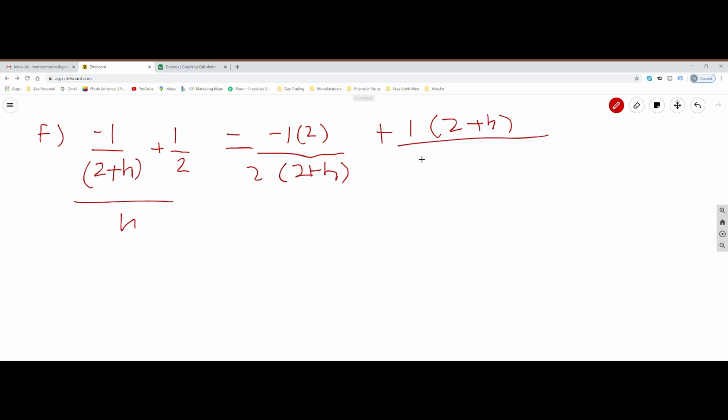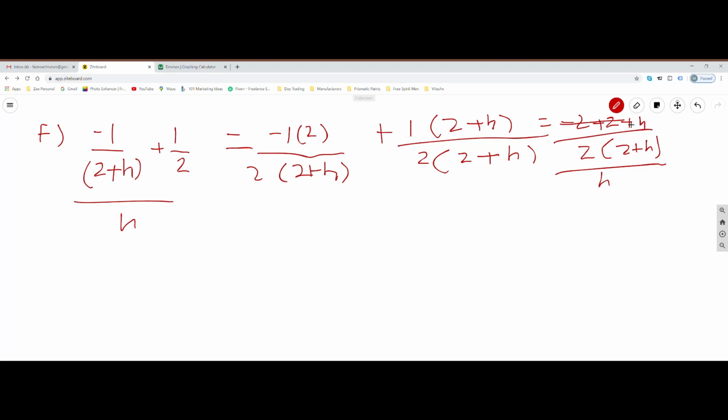over 2 times 2 plus h, which is equal to negative 2 plus 2 plus h over 2 times 2 plus h, all over h.